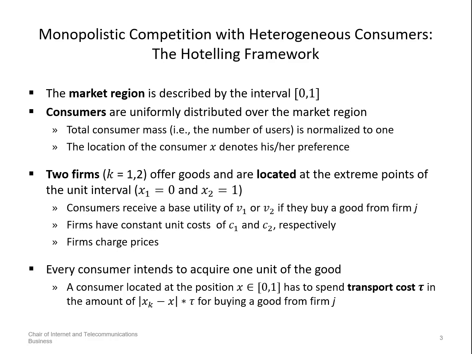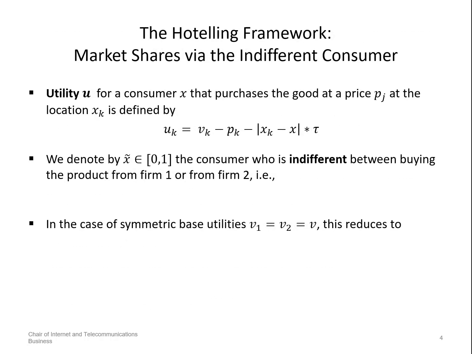Actually from firm k, not j. The utility of the consumer from buying from platform k with price pk is vk minus pk, that is the utility it gets for consuming the good, minus its preference parameter, where tau is the transportation cost and how far away it is from the firm, xk.